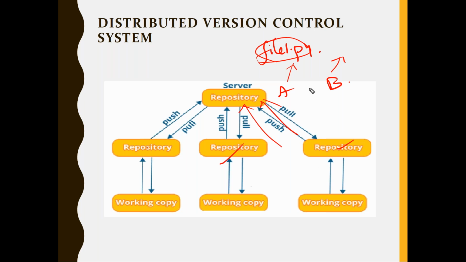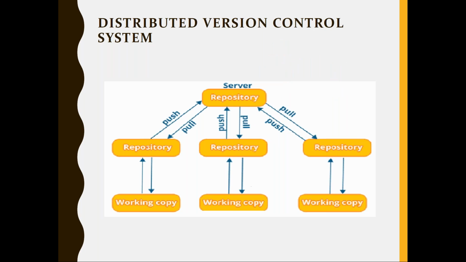A will be informed that there is a conflict from developer B, and B will be informed that there is a conflict from developer A. So the developers sit together, A and B should discuss which changes to keep and which changes to eliminate, and they'll fix the conflict. How to do that? We'll do it with the hands-on in the lab.